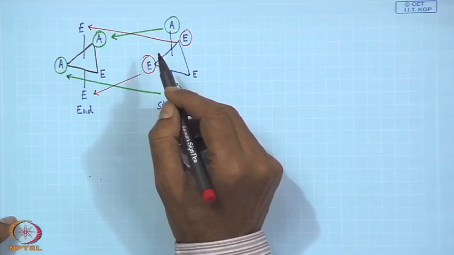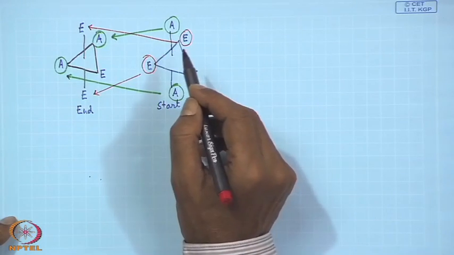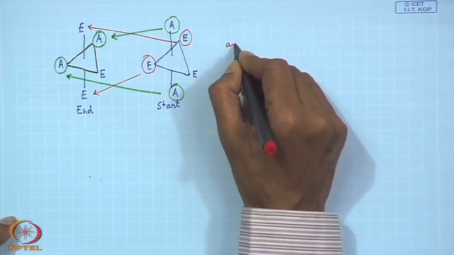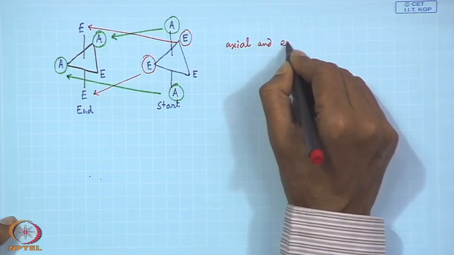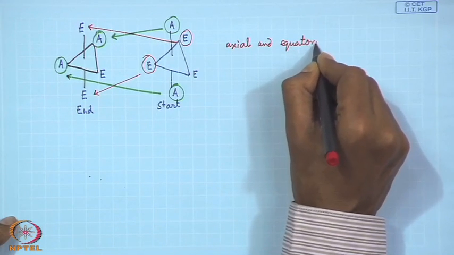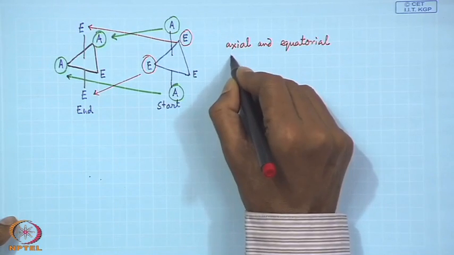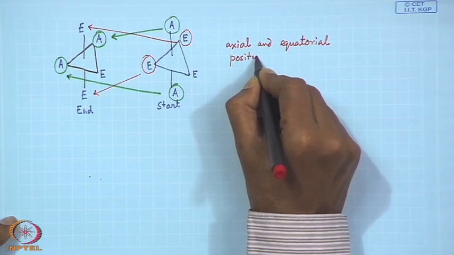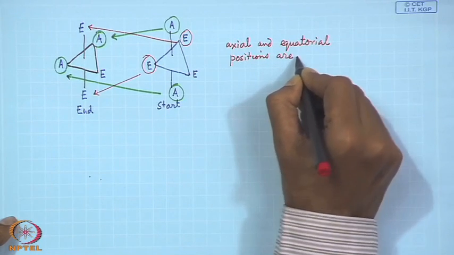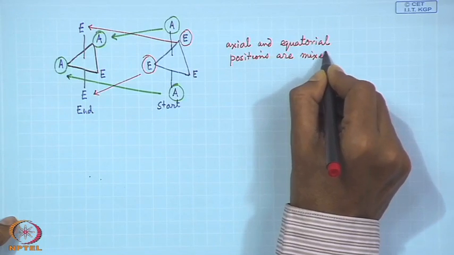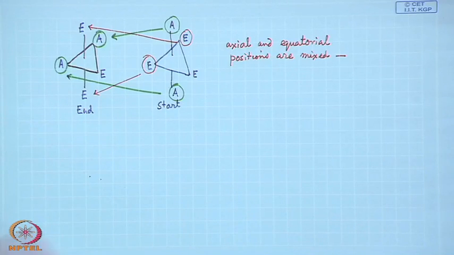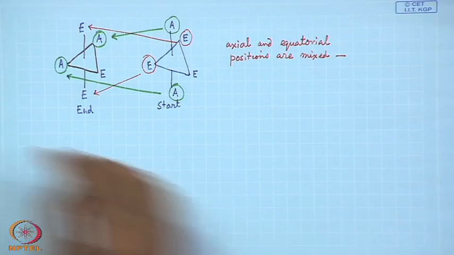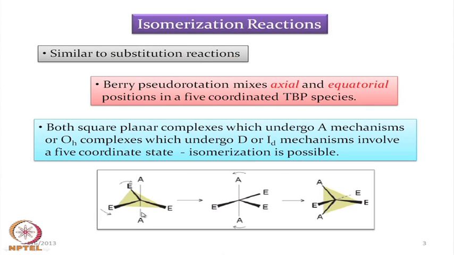So, this basically tells us that it is possible to mix the axial and equatorial positions. So, axial and equatorial positions are mixed. So, this is basically the result of the pseudo rotation. This can be considered as one kind of pseudo rotation where we get the change from this particular side to the other side.